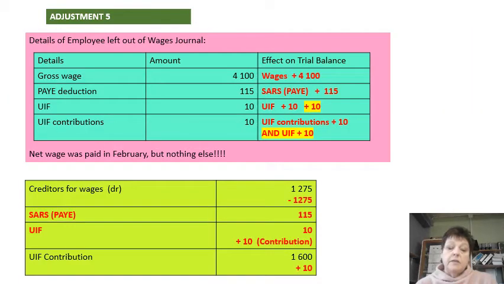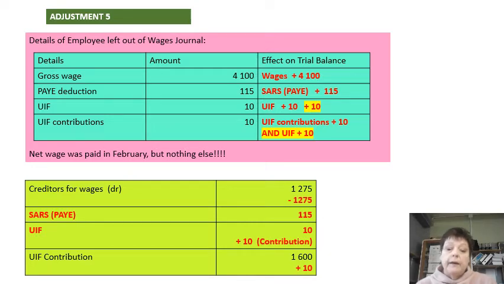Adjustment 5 is the one that you can be sure is going to be asked this year and in all the exams next year. Details of the employee left out. I've tried to organize that into the amount and what is the effect on the trial balance. The gross wage must be added to wages.